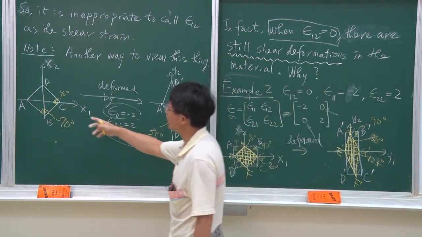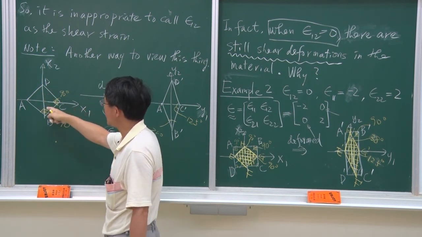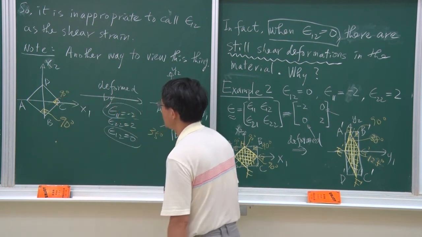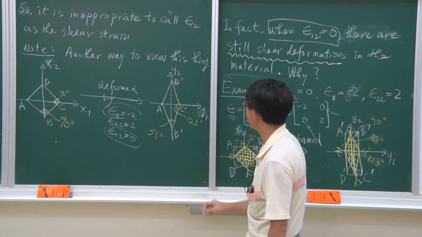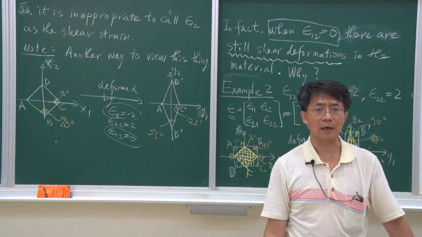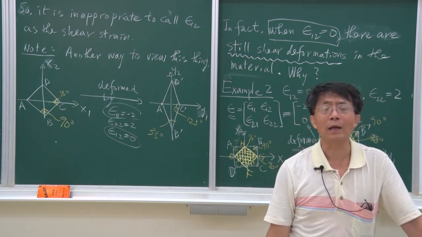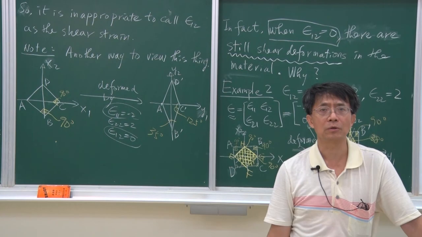If you draw another material point, you'll find out that there's shear deformation because the angle between two material lines has been changed in this way. Okay, so this is the point I want to tell you, because it is a dangerous idea to think that epsilon 1, 2 is the shear strength.